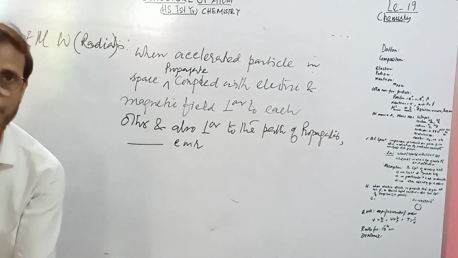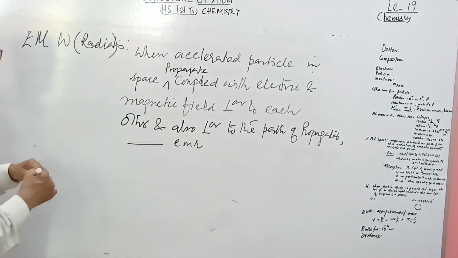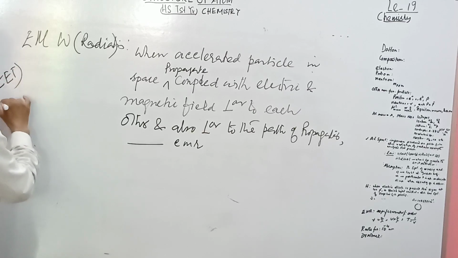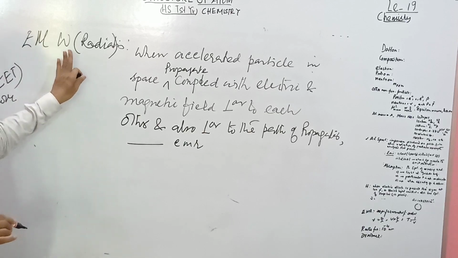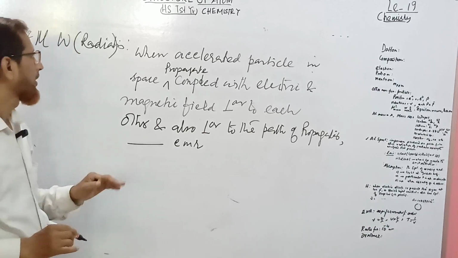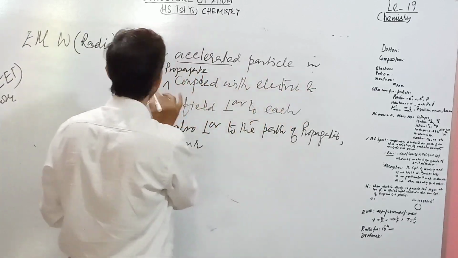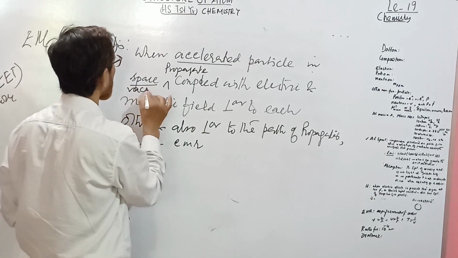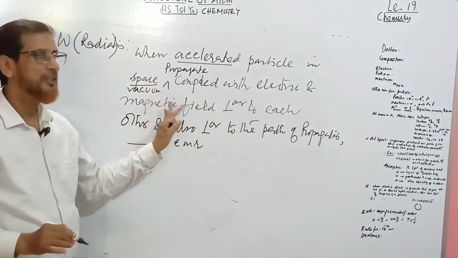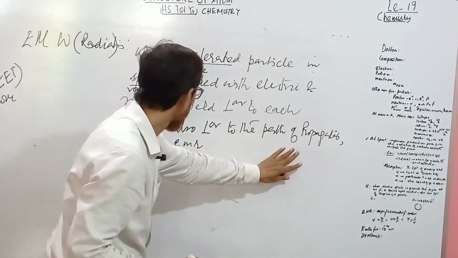So this is a very important point. This year in the NEET physics paper there was a question from the definition I am explaining now. What is an electromagnetic wave or electromagnetic radiation? It is produced when an accelerated particle in space or vacuum is coupled with electric and magnetic fields perpendicular to each other and also perpendicular to the path of propagation.